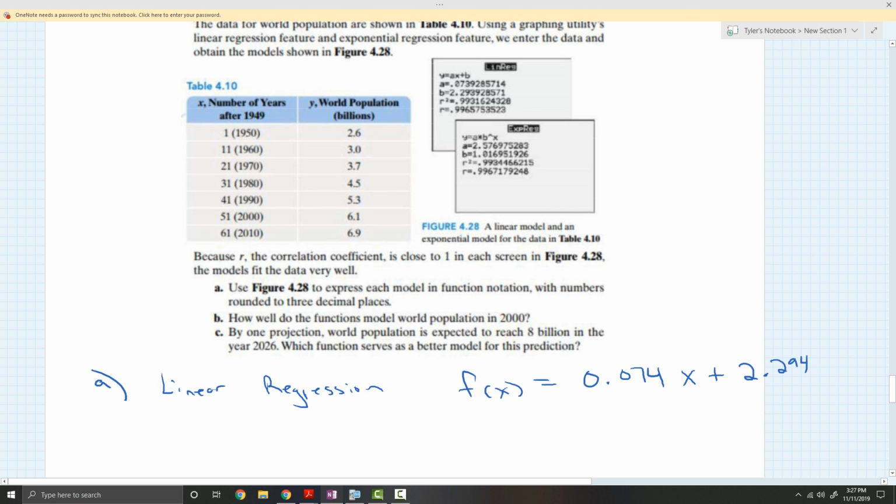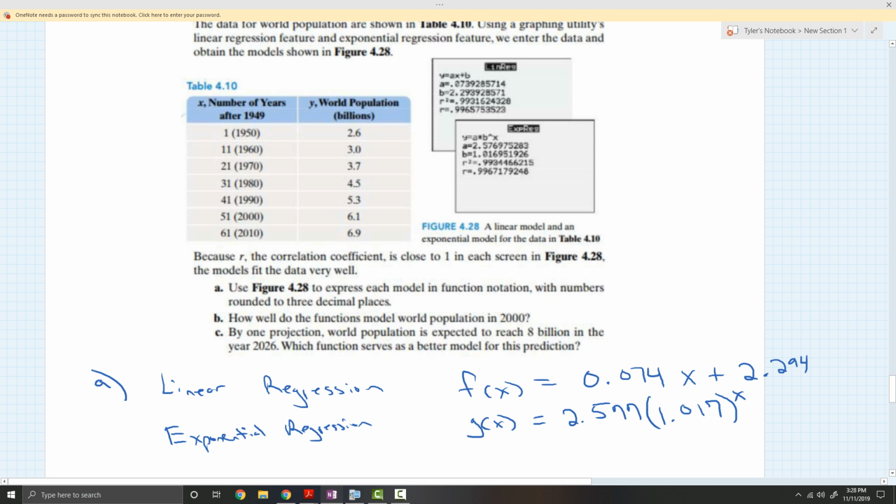Then for the exponential regression, I'll use g of x. g of x would be 2.577 times 1.017 raised to the x power.